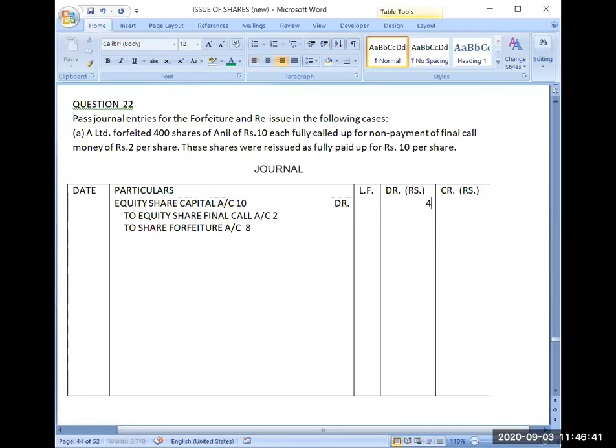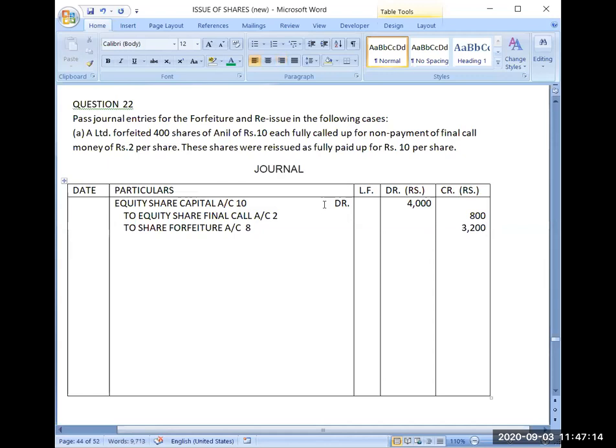So it will become 4,000. Then to share final call, it will become 2 rupees times 400, 800. And this amount will be 3,200. This one is clear.